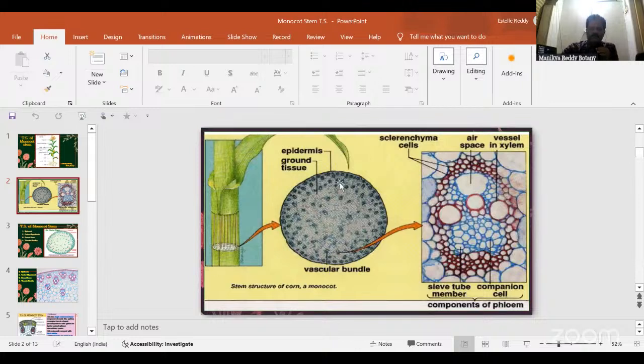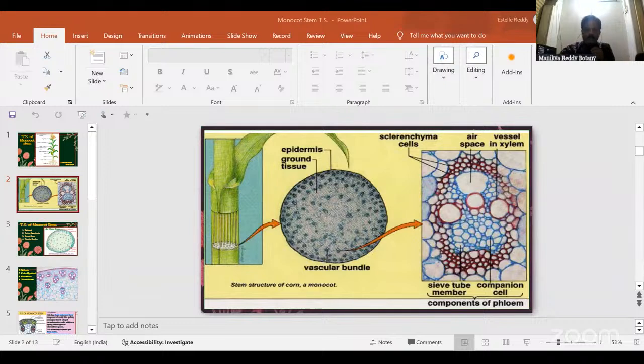so this is the ground plan. This is the stem. If you take the TS, the transverse section is like this. This is the vascular bundle.